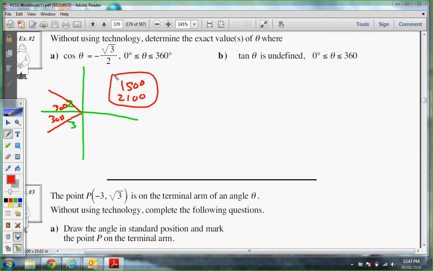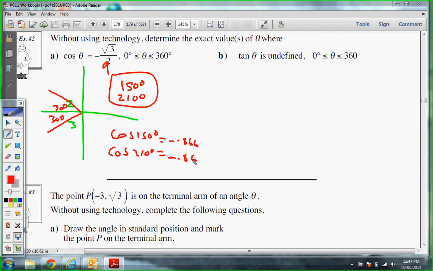These are your two answers that give you negative root 3 over 2 for cosine. If you put cosine of 150 and cosine of 210 into your calculator, it would give you negative 0.866 or so, for both of them.